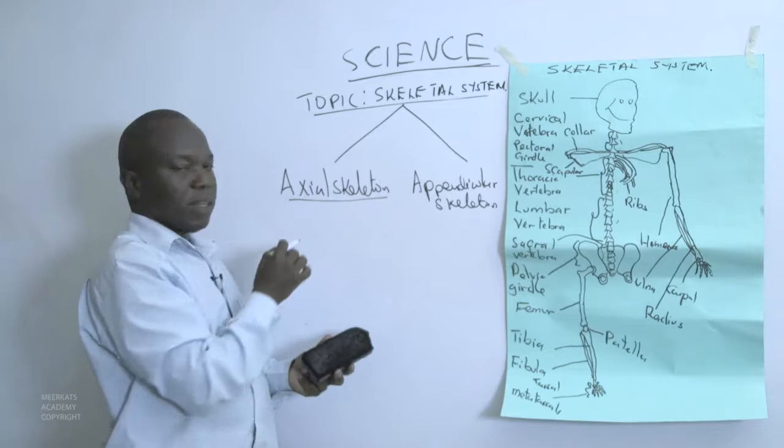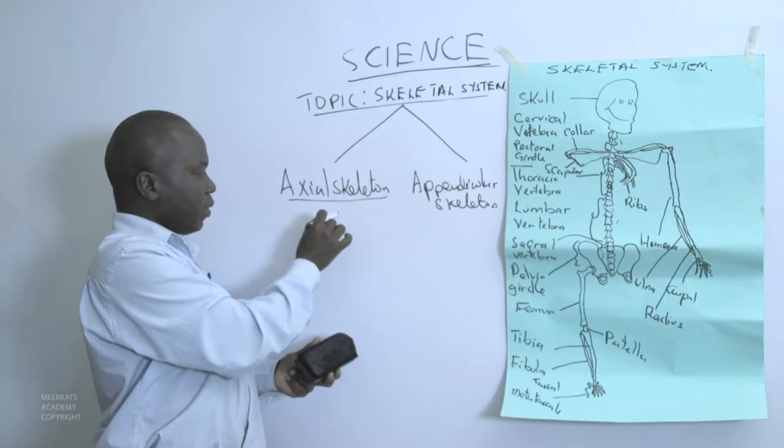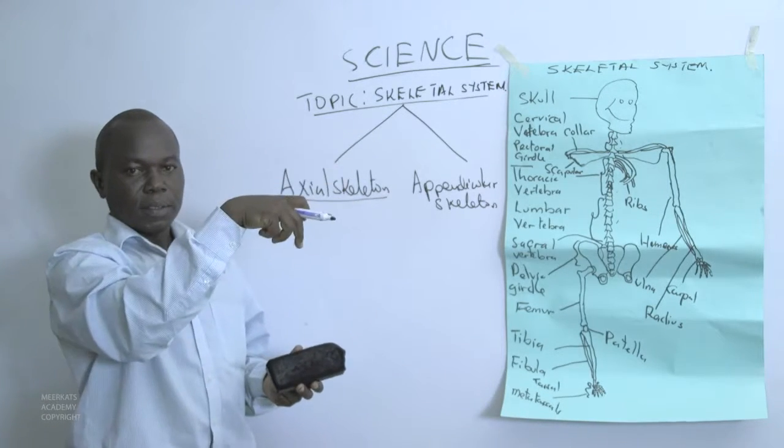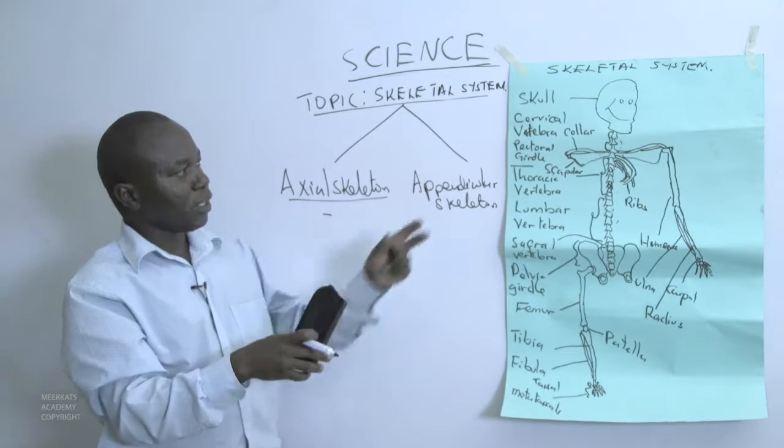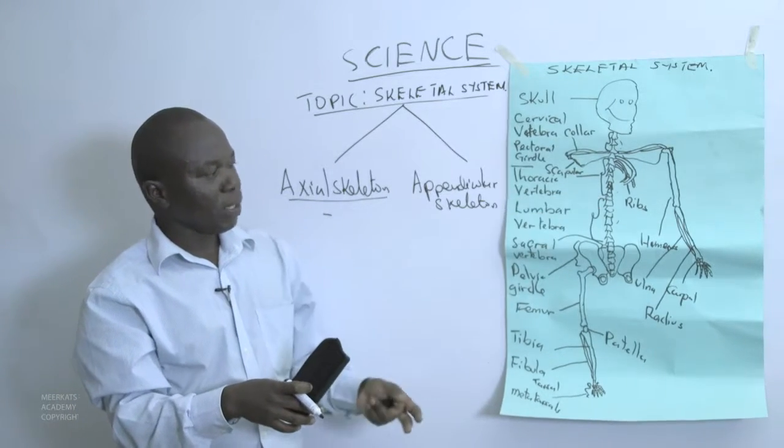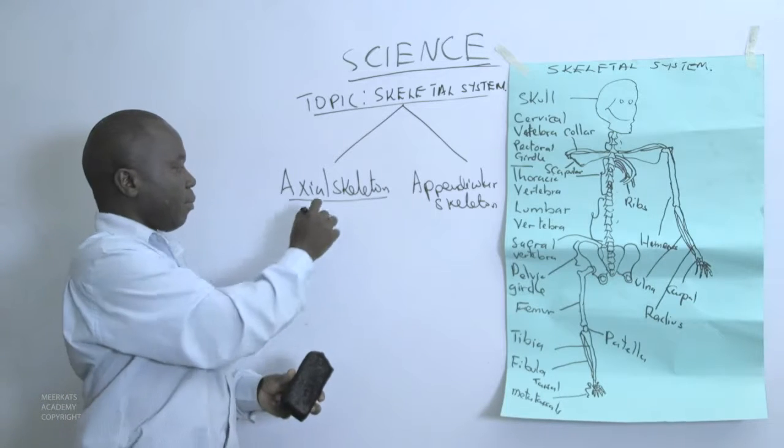Axial skeleton, we have already gone through it. We have said it's the main skeleton that consists of the skull, the vertebral column, the ribs, and the sternum.